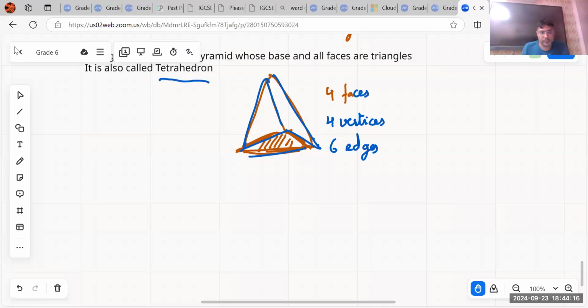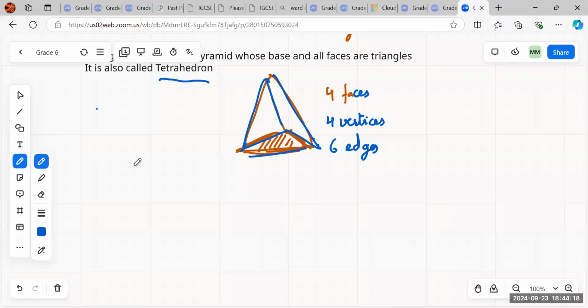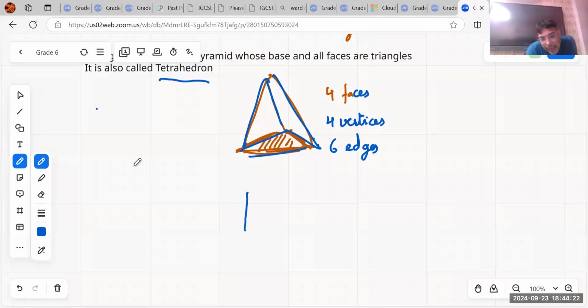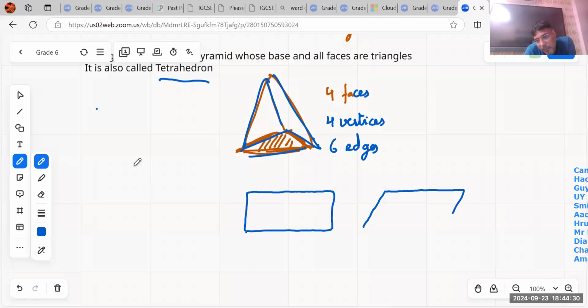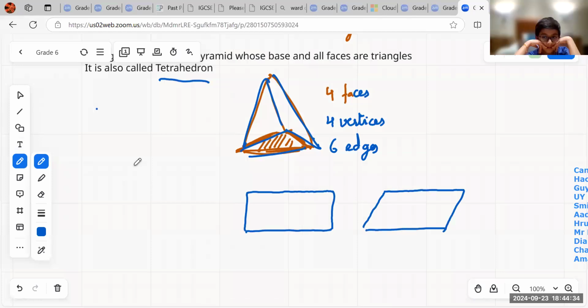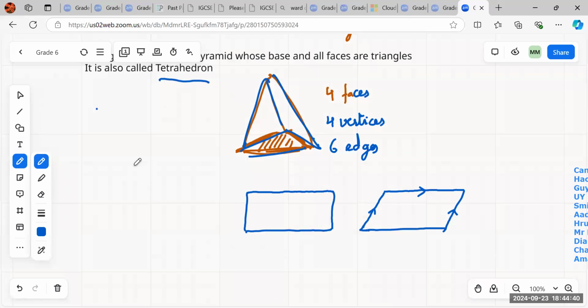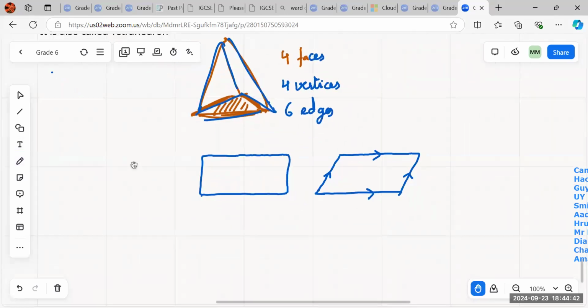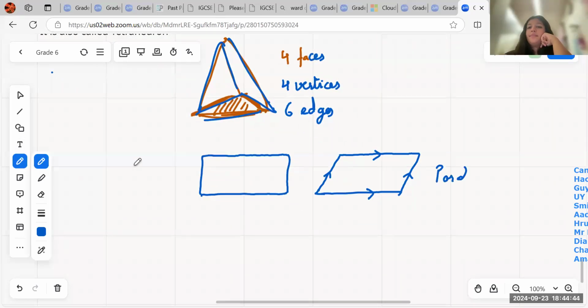Chalo. So kids, this is a rectangle, correct? If I tilt this shape, can you tell me which shape it has become now? Parallelogram. We call it a parallelogram.